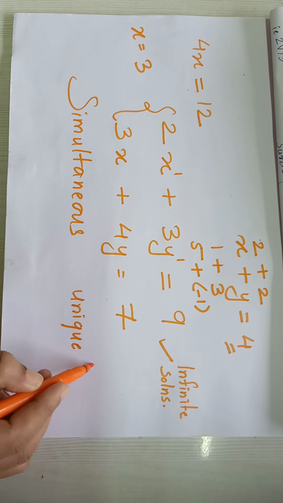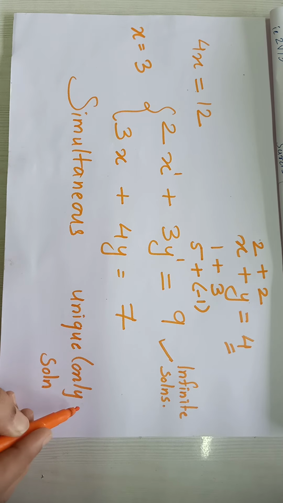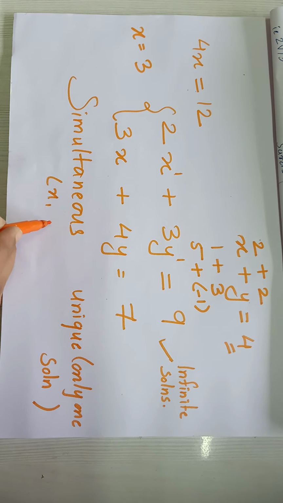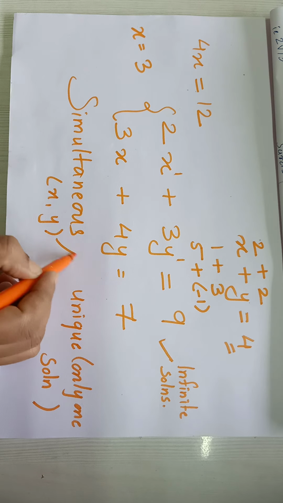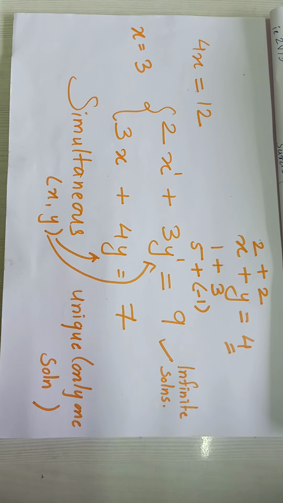Unique means only one solution. That means you will be getting only one pair of x and y which will satisfy both the equations together. This is called simultaneous solving.